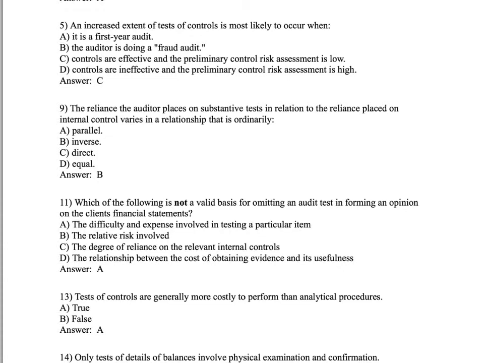So the more test of controls that you do, so the more reliance on the internal controls, the less substantive tests you're going to do. And then the less internal control work that you do, the more substantive testing you're going to do. So you can see that inverse relationship.